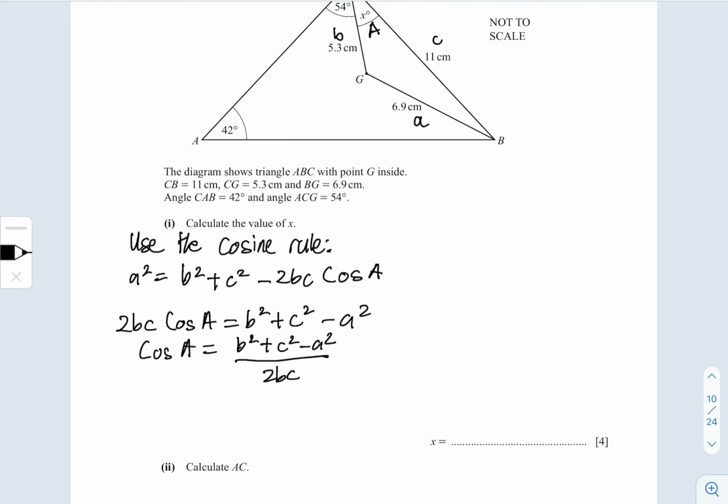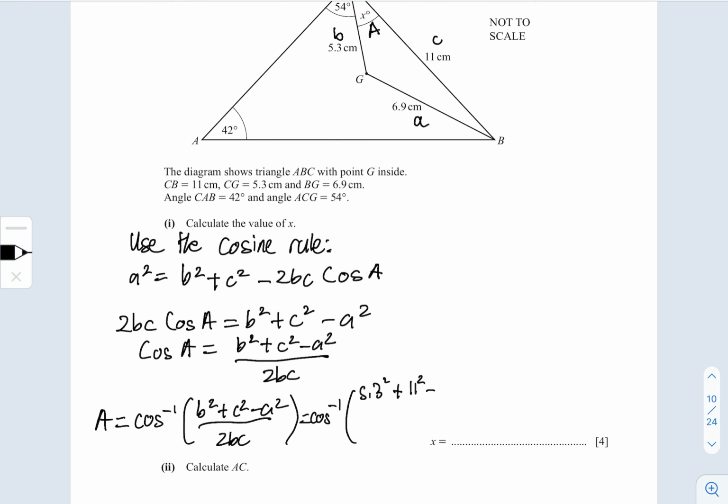Now we can bring cos over as well, so A equals cos^-1 of b squared plus c squared minus a squared over 2bc. Substituting the numbers, we get cos^-1 of 5.3 squared plus 11 squared minus 6.9 squared over 2 times 5.3 times 11.